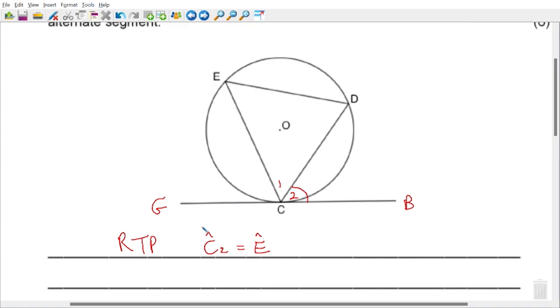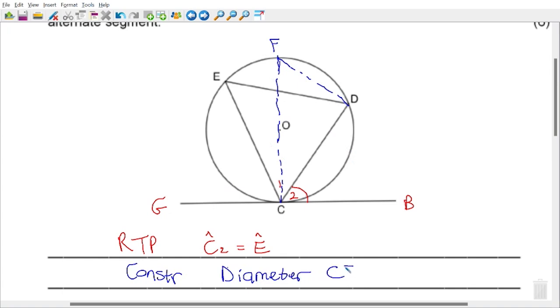Now, what we do, and this is something we need to learn, is make a construction of a diameter here. So we join that up, and we also join in that. Now I'm going to call this F. So what we'd write here is that we've constructed diameter CF, and then we've joined FD.